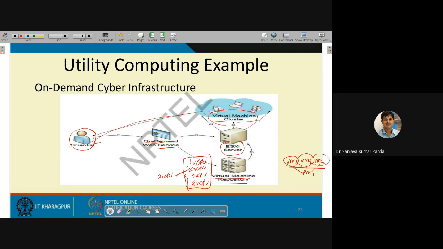The user makes a request and this background work is done by the provider, and the provider provides this infrastructure, this particular virtual machine, to the user in order to execute some application, run some application, or test a particular application, right? So this is the complete situation in a utility computing infrastructure.